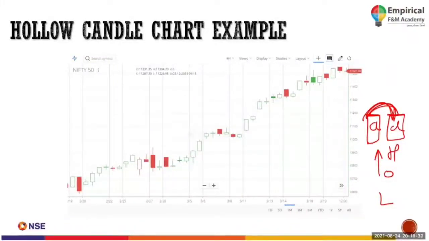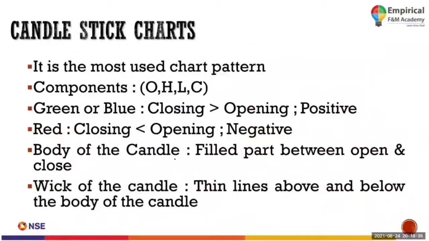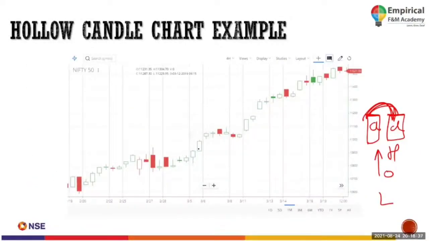Let's say this was the closing of the candle here and the next day's closing is here; we compare closing with closing. That's why it's green hollow. Now, if the same case had happened here, it would have become red hollow, because the closing is here and this closing is here. So overall, it's down. So we compare close to close, Mr. Samuels. Okay.